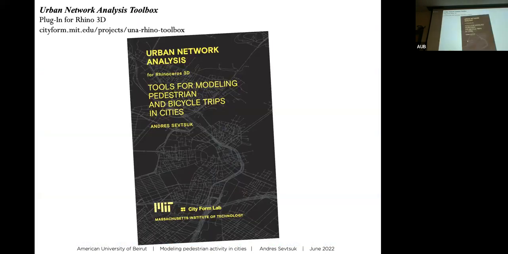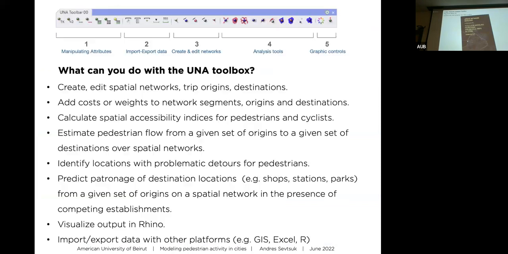So I'm going to show a couple of examples of what we do with this software, and then I'll go to some of the applied examples. The Urban Network Analysis tool effectively allows us to construct networks, either by importing data sets from cities or from GIS data sets that can be street networks and sidewalk networks that can contain building locations or transit locations, etc. We can turn those into topologically connected networks that can be used for routing analysis.